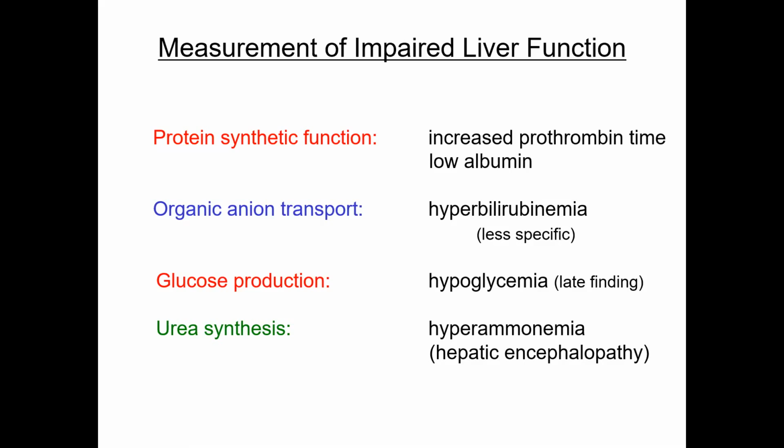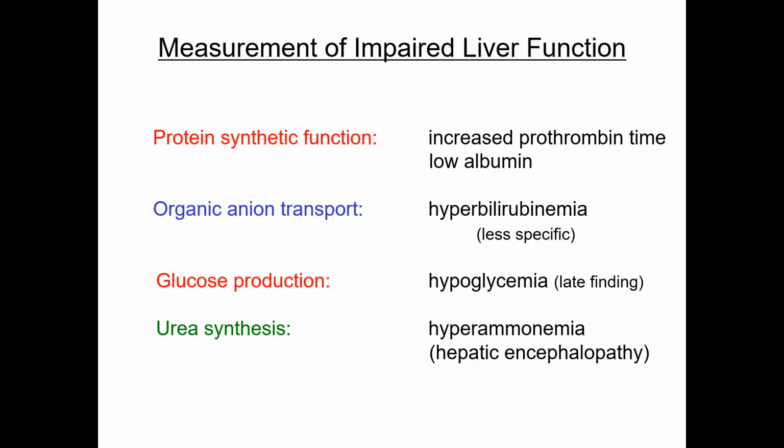For protein synthetic function, you take a look at your prothrombin time. If you have impaired liver function, you will have increased prothrombin time, and you will also have low albumin. Your prothrombin time is dependent on the vitamin K dependent clotting factors, so your pro time will be increased if the hepatocytes are affected.